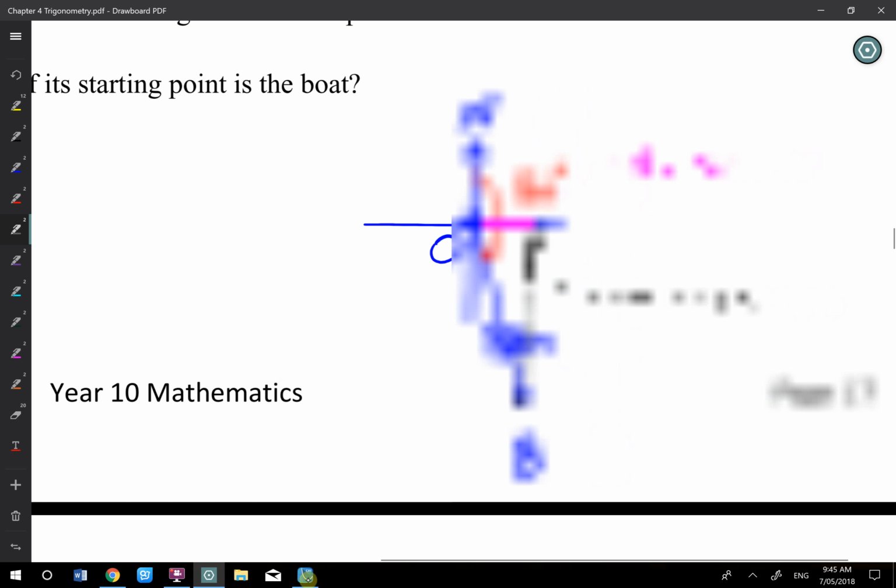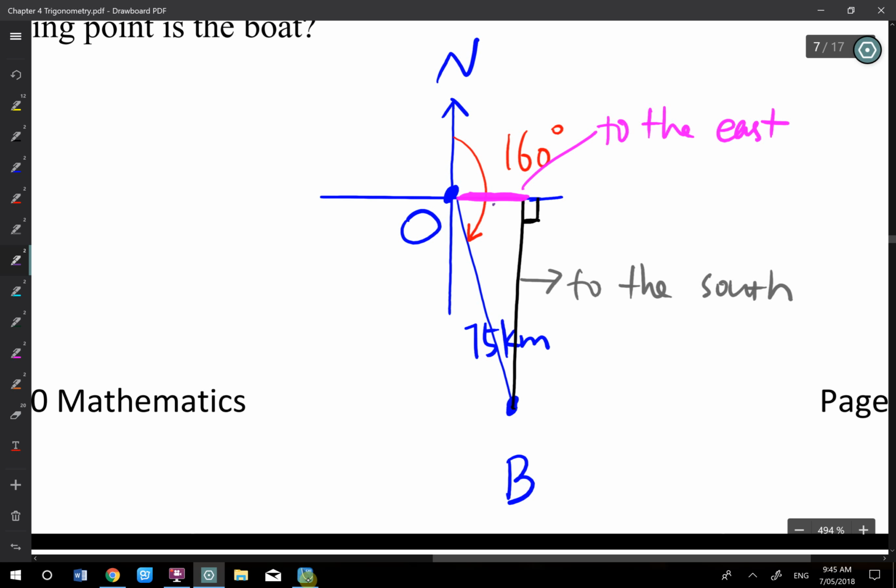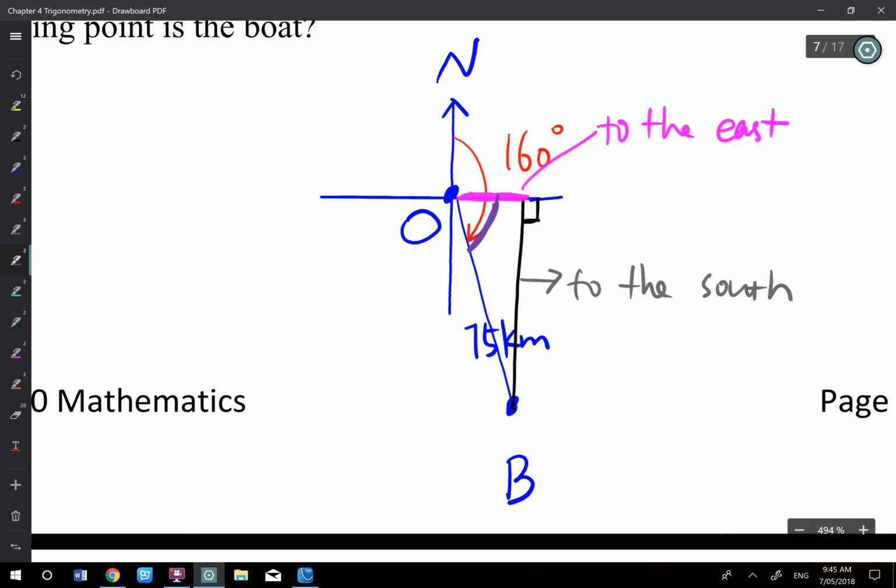Okay, make this bigger. And also we can see this angle. What's the size of that angle here? How much? 70.